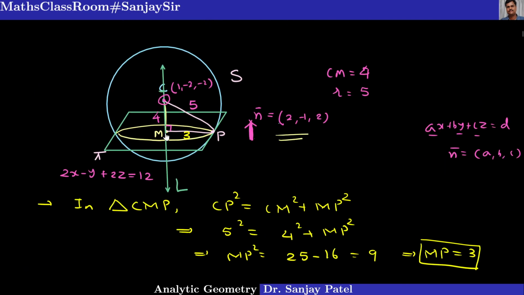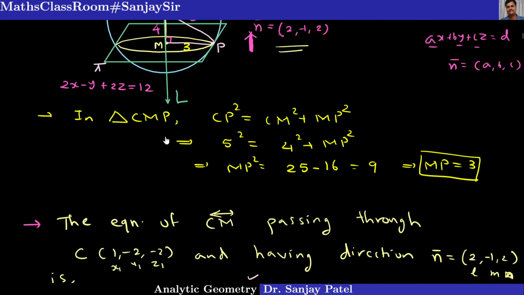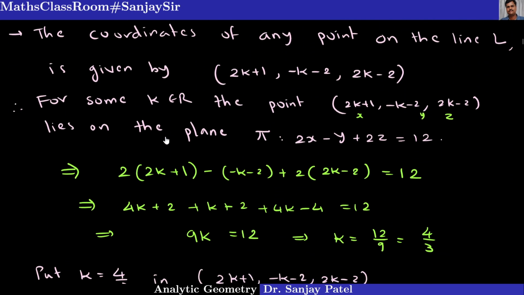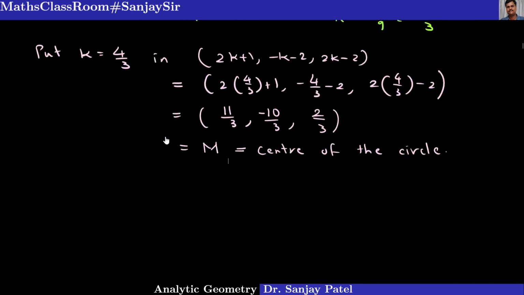Yes, this radius is 3, and we have got the center coordinates. So the radius, which we already obtained earlier, is 3. So these are our two required answers. So thank you.